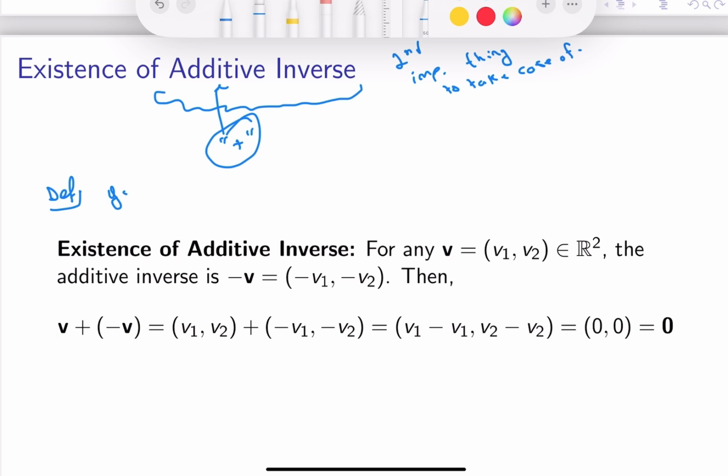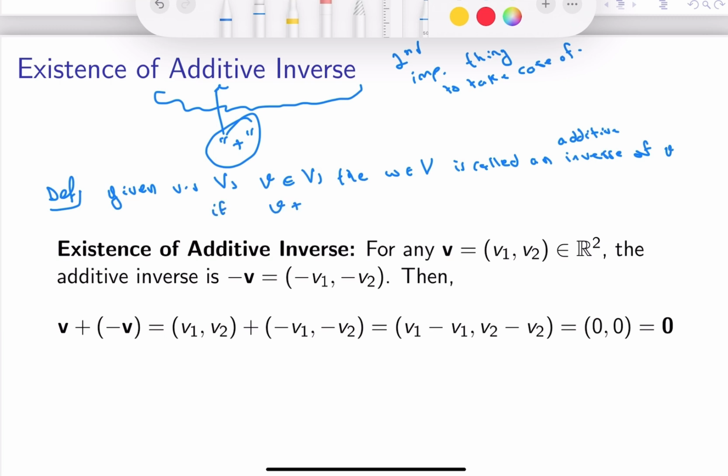So I remind you, here's a definition. Given a vector space V and a vector v in V, then omega in V is called an inverse, or more precisely, an additive inverse of v if when you add these two, you get 0, right?